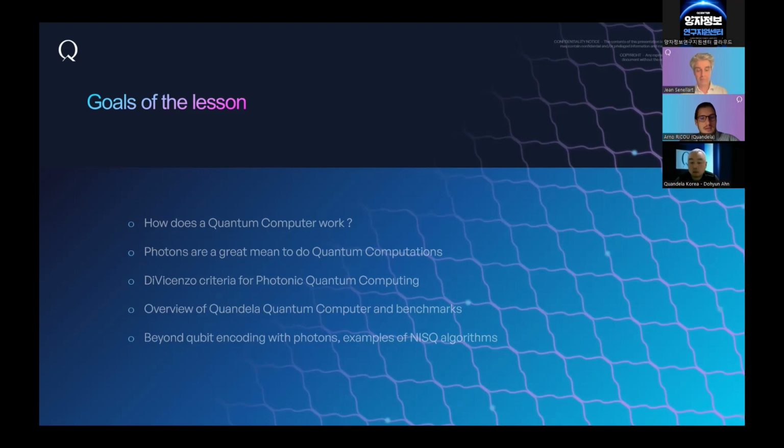And after that, we give an overview of the Quandela quantum computer, as well as some benchmarks of the 1 qubit, 2 qubit, 3 qubit gates, and speed benchmarks compared to other well-known platforms. And to wrap up the session, we're going to talk about how to go beyond what we call qubit encoding, which I believe Shane explained yesterday, but I will explain again today, and give you a brief example of some NISQ algorithms.